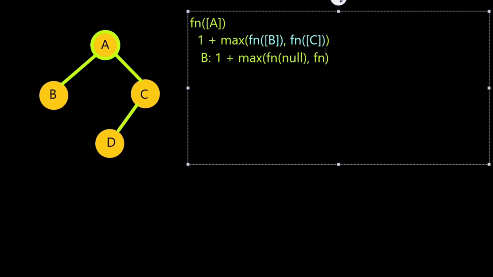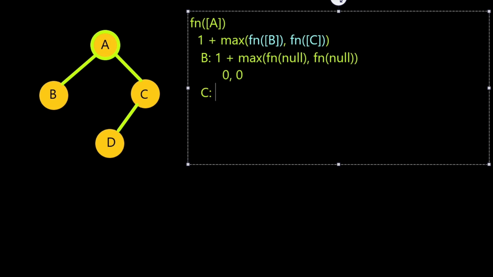So it's going to be fn of null, right? And these calls are subsequently going to return 0 because they're going to hit the base case. So I'm just going to represent them by 0, 0 for each call, left and right.